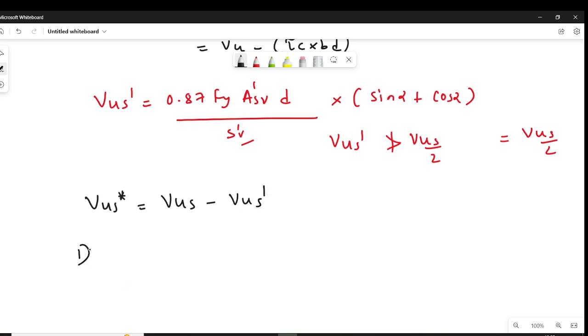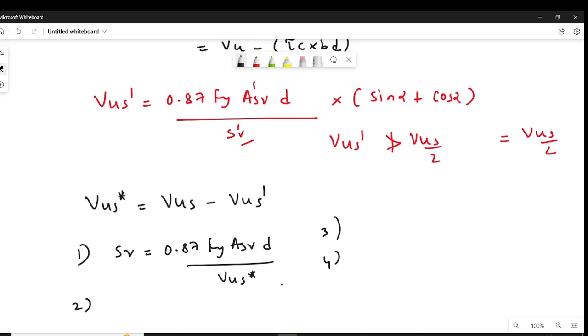Spacing, the formula of the spacing will be same as we have seen in the previous case, as V equal to 0.87 Fy ASV D divided by VUS star. Formula number 2, 3, 4 all will be same, and we have to take the lesser value.